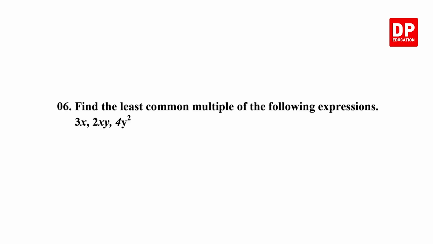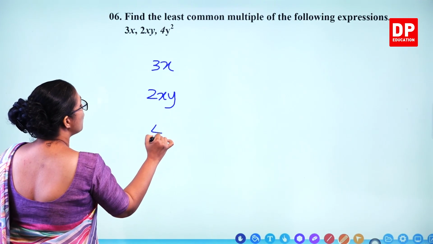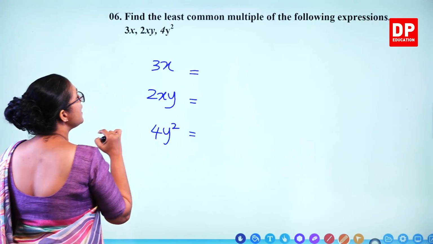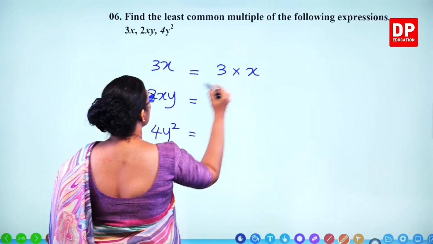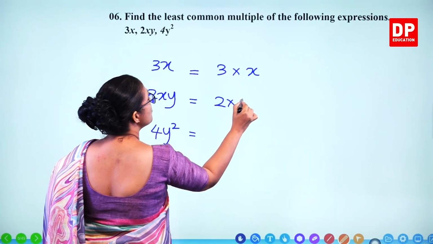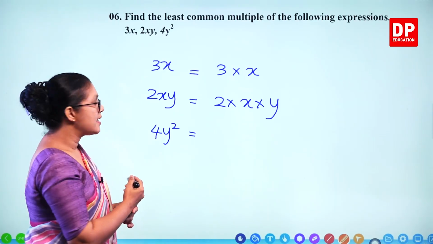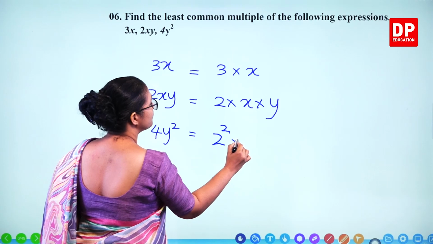Find the least common multiple of the following expressions: 3x, 2xy and 4y squared. 3x, 3 times x. 2xy, 2 into x into y. 4, how can you write as base 2? 2 to the power 2.